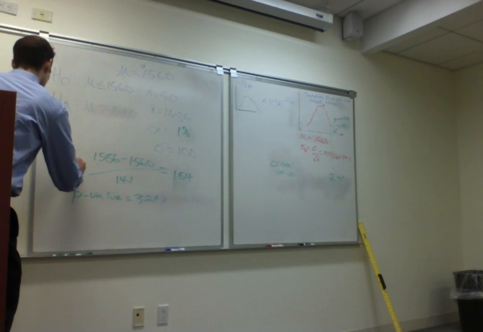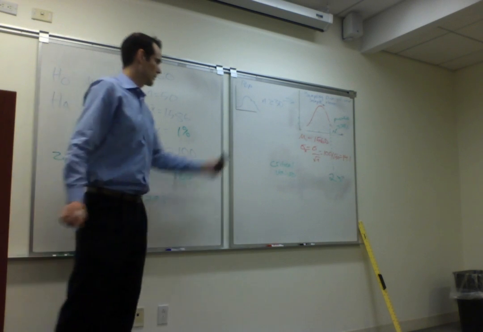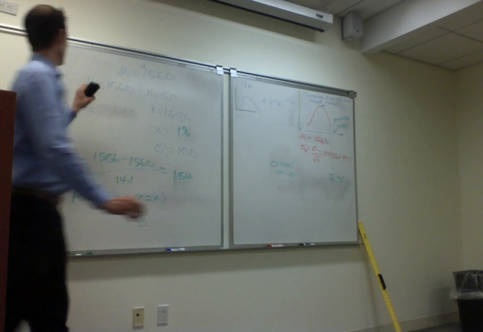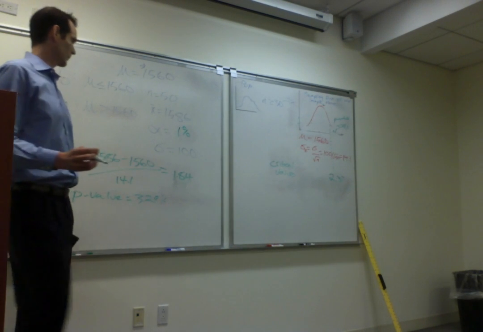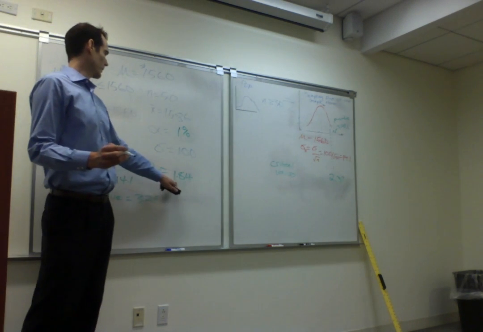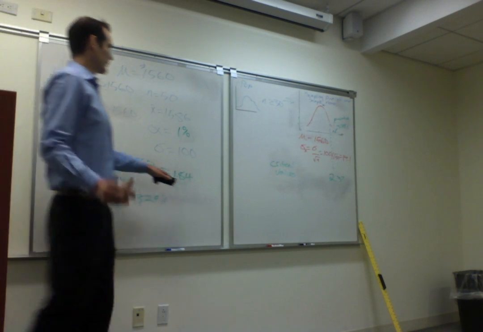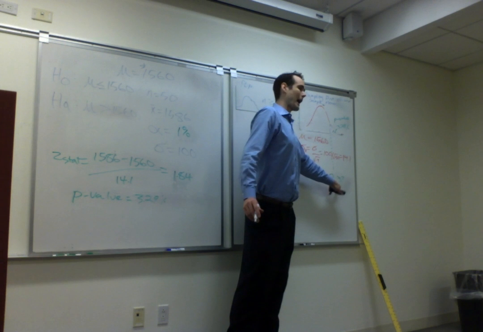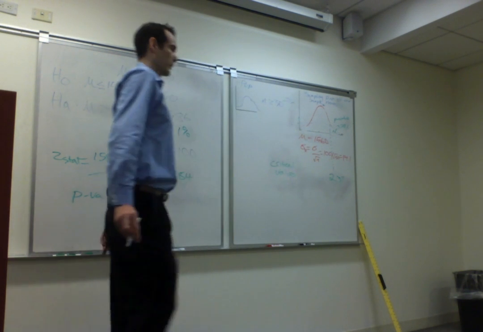It needs to be significant before we're going to reject this null hypothesis and accept the alternative. In this case, we do not reject because we only have 1.84 in our z-stat, and we've established with a 1% significance level a higher burden of proof. So we do not reject.